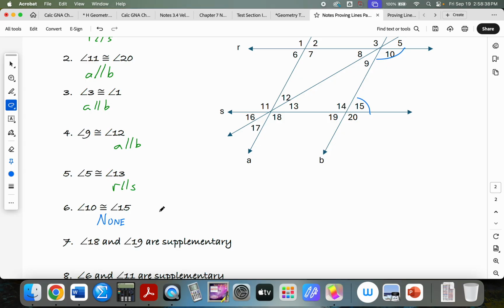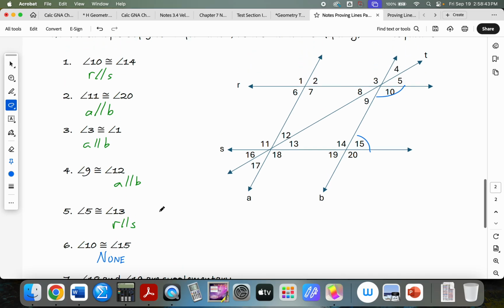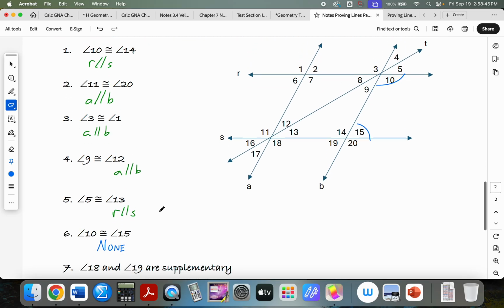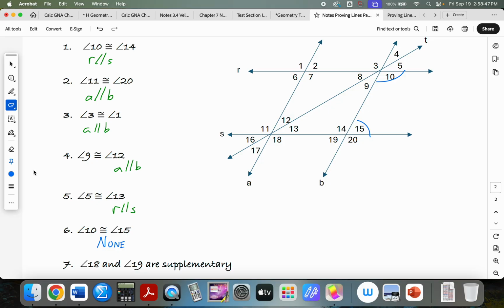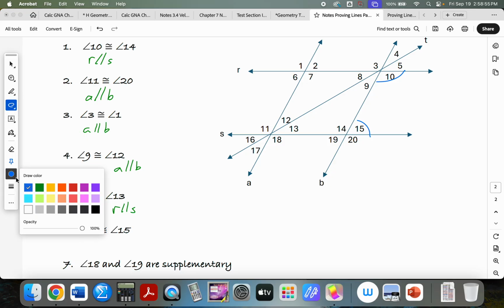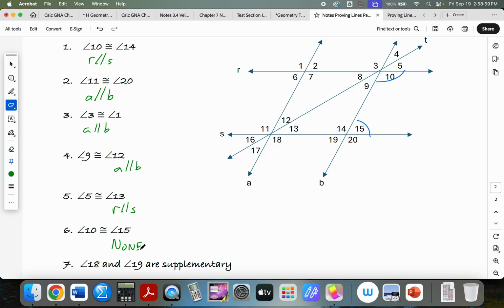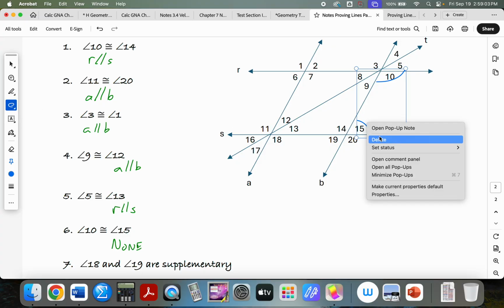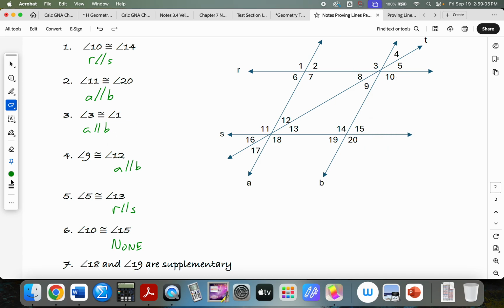The answer here is, well, none of them have to be parallel. All right, let's go on.